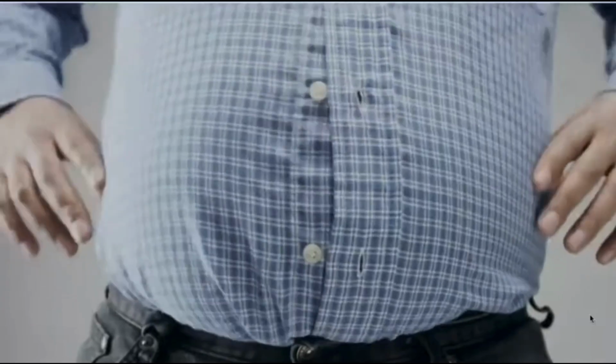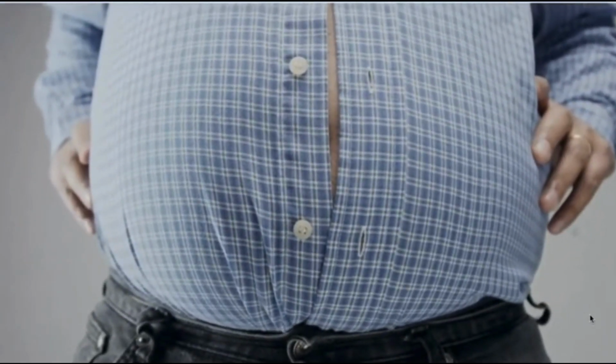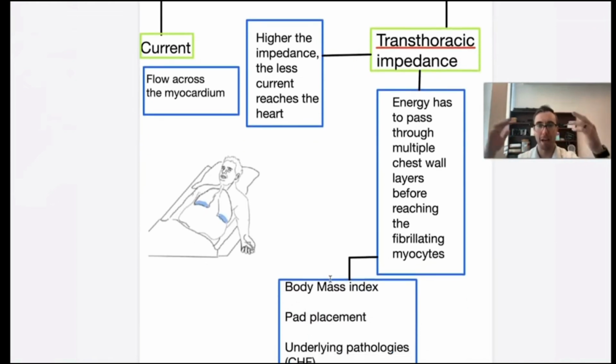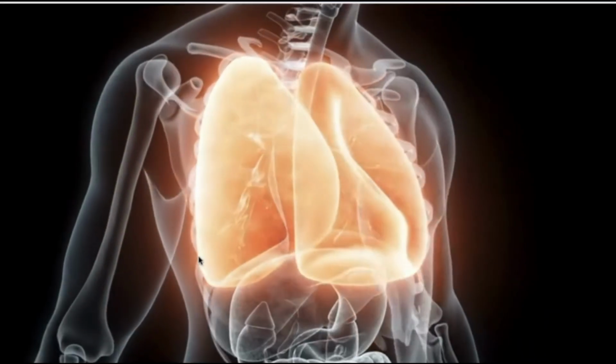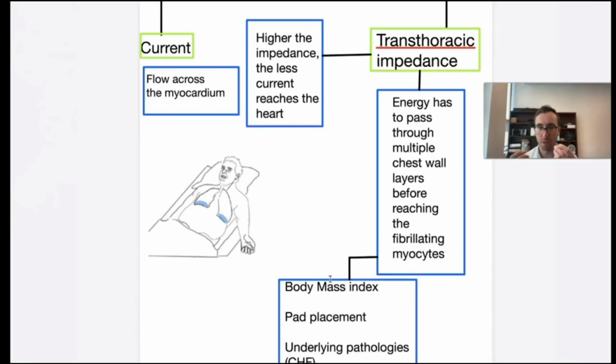Imagine if you have someone with a significantly high body mass index. Or what if they have poor pad placement, or underlying pathologies like congestive heart failure or cardiomyopathies? You can see that all these factors can change the success rate of defibrillation.